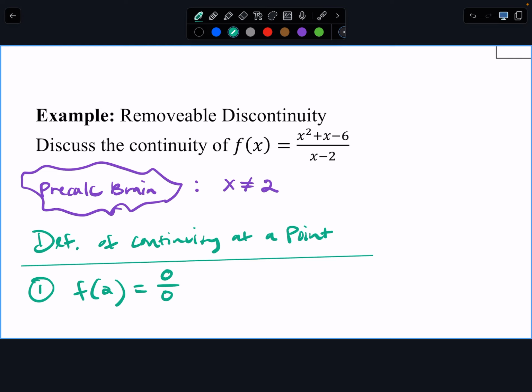So actually, from a pre-calc perspective, you guys already know what the graphical manifestation is, right? What happens at 2 if we end up with 0 over 0 when we use direct substitution here? A hole. Okay.